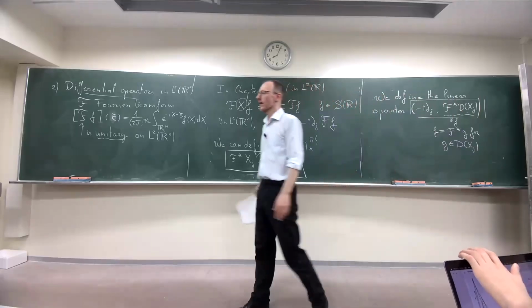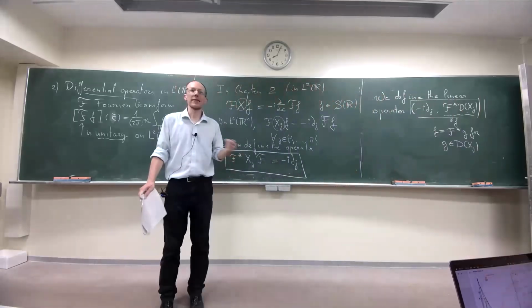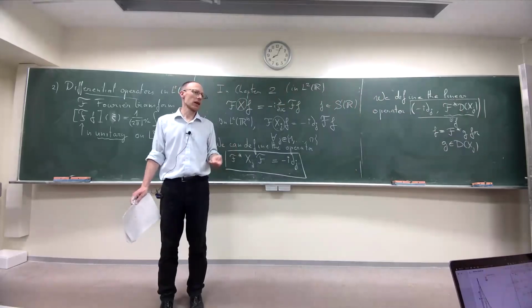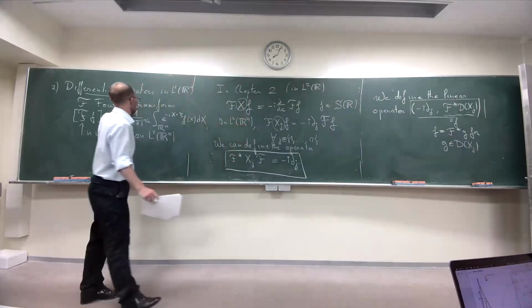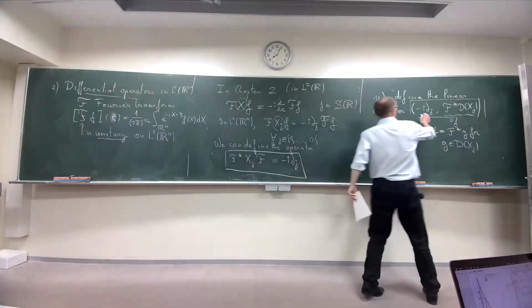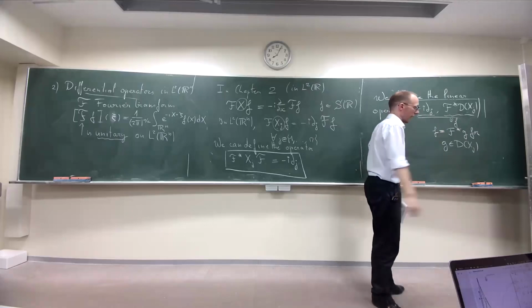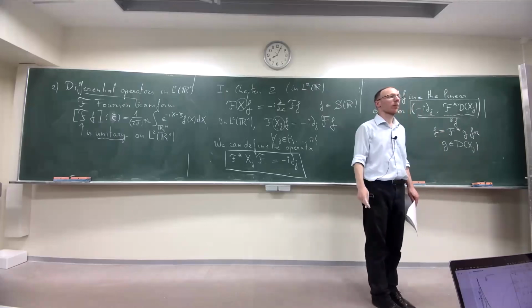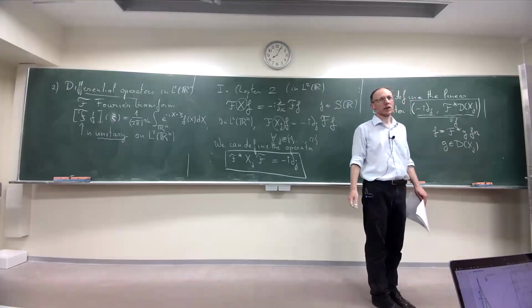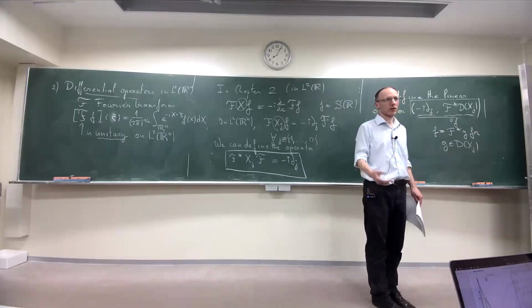It's well defined, even though it's less explicit. Multiplication operators are very explicit. For differential operators, the domain is less explicit. On the other hand, this is quite explicit: you take a derivative, but the result of this derivative has to be in L2, which is not so easy.